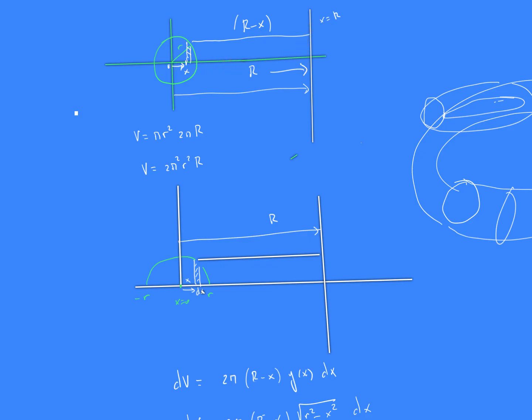The volume of a cylinder is the area of the base times the height, but in this case it is not exactly a cylinder.